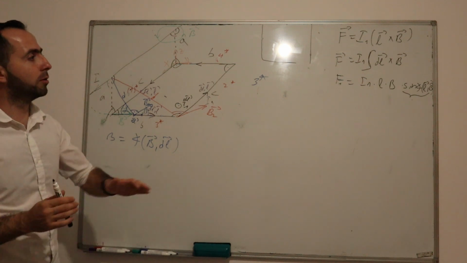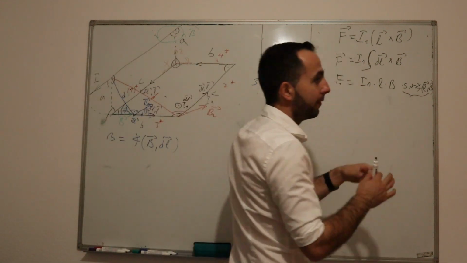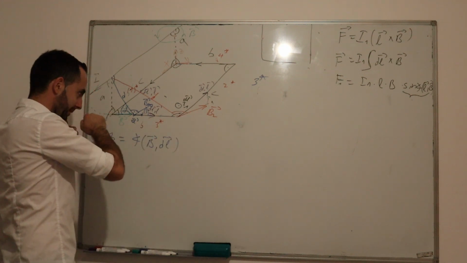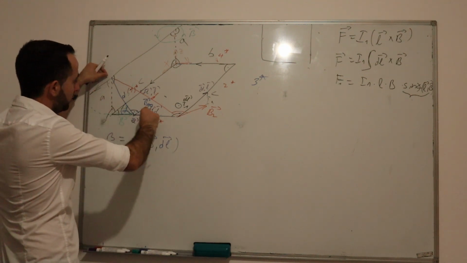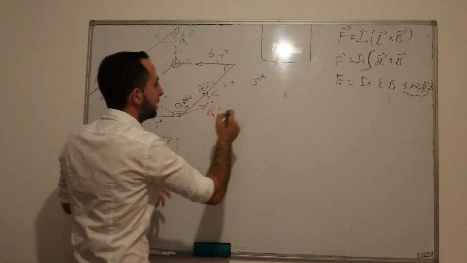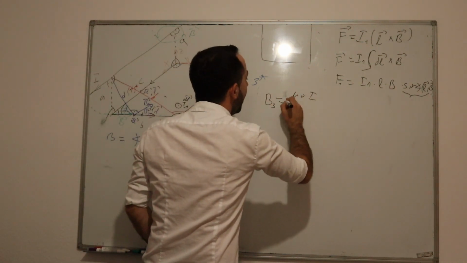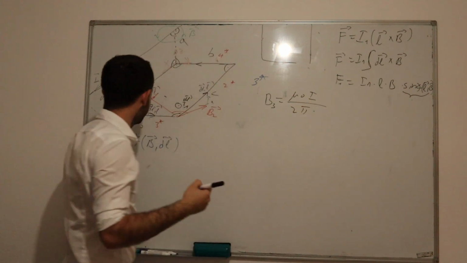Now I cannot use this formula, because it applies only if the magnetic flux is the same through all the length. But now it's not, because the distance from our conductor changes. So our B, magnetic flux density, is mu0 I over 2 pi times the distance.